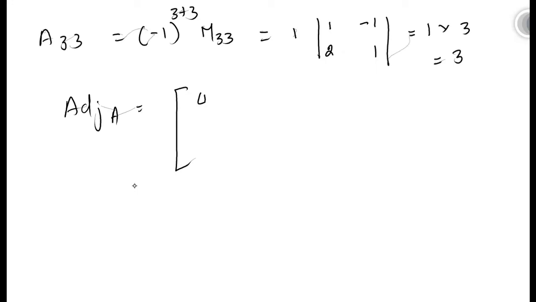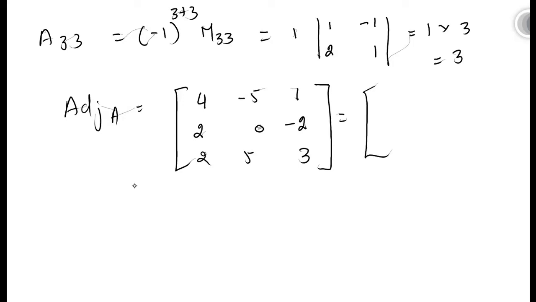Therefore, the cofactor matrix is [4, -5, 1; 2, 0, -2; 2, 5, 3]. Now let me transpose this. That will give you the adjoint of A: [4, 2, 2; -5, 0, 5; 1, -2, 3].